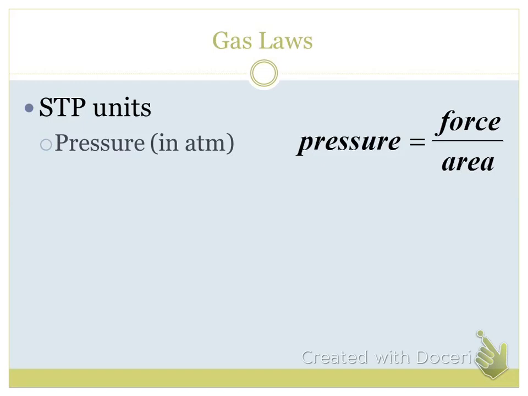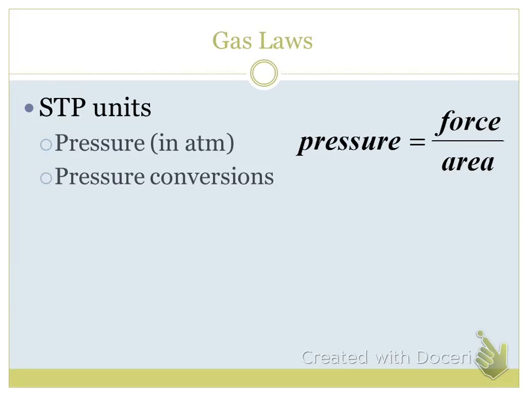Do we see the relationship there? A larger force over a small area gives you a big pressure. As you increase the area, we see a decrease in pressure. We're going to connect volume, pressure, and temperature in this chapter in terms of gases.